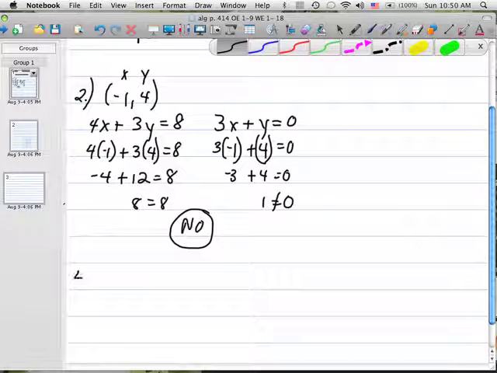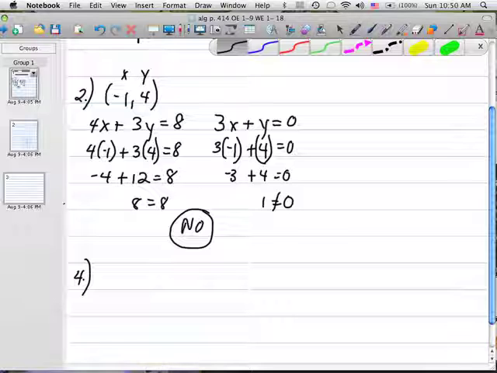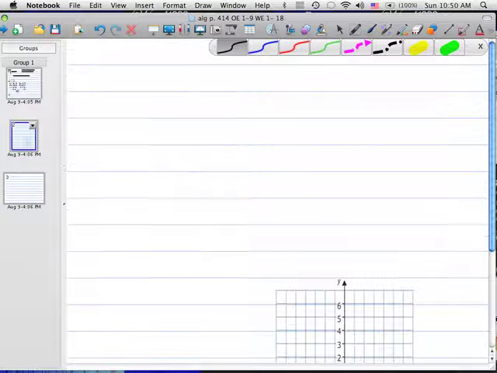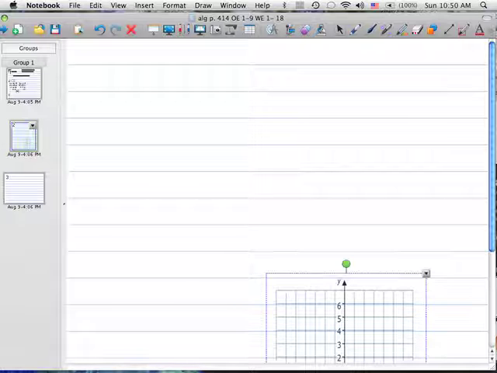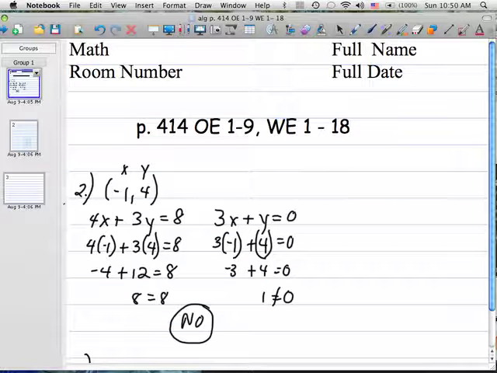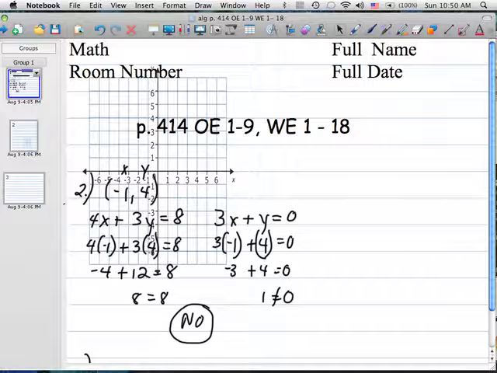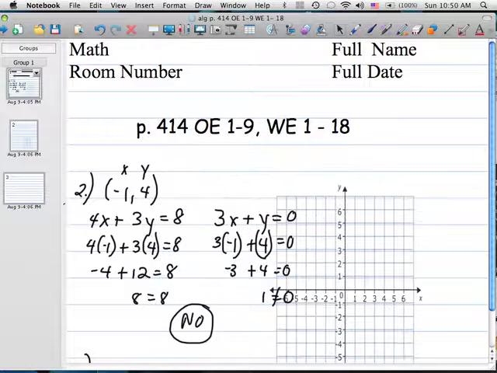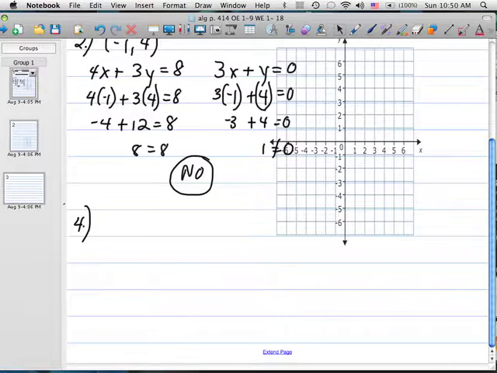Problem number 4, state the solution of each system. So in number 4, we have this graph of this system.